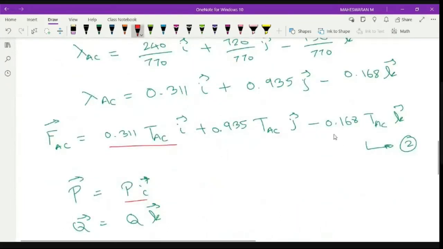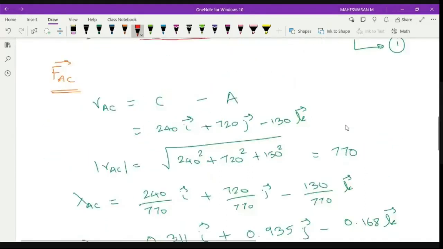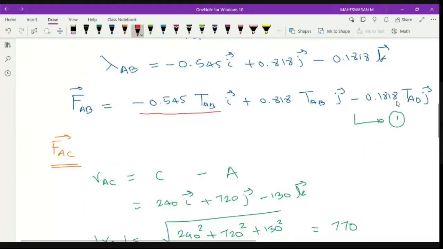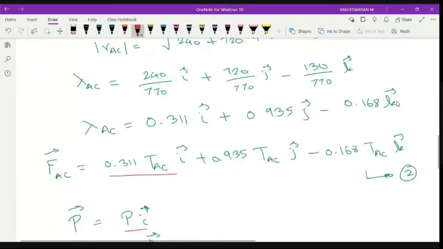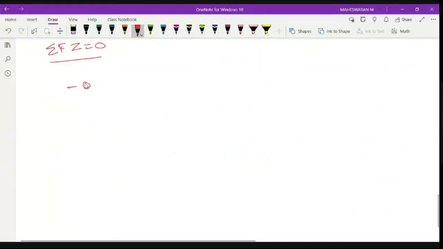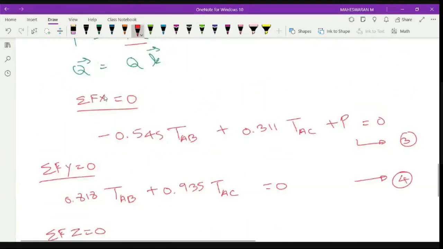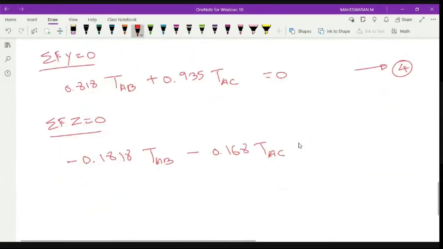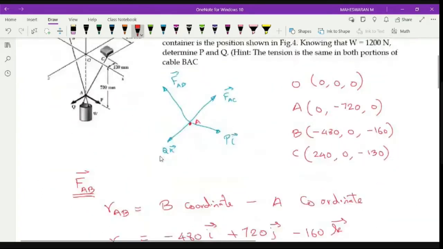So I have a k vector here, which is minus 0.1818 TAB minus 0.168 TAC, and you have plus Q is equal to 0. This is equation number 5, right? Now, do you have any other terms to solve?